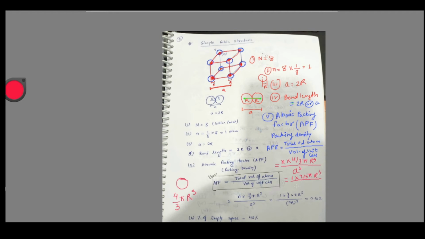And the relation between A and R is A equals 2r, so we will write A in terms of r. A cube means (2r) cube, and after solving this we will get 0.52.